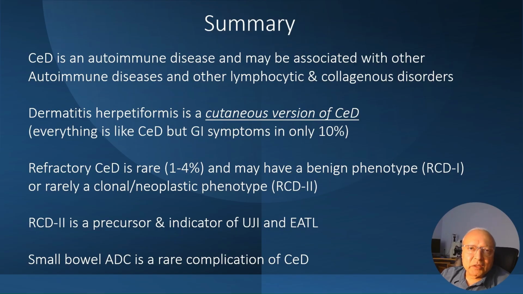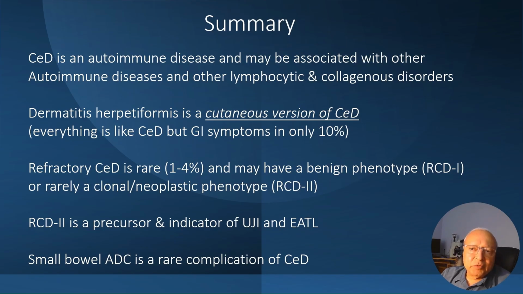Everything is like celiac disease, except the GI symptoms are seen in only 10% of patients. Refractory celiac disease is a rare complication seen only in 1 to 4% of celiac patients and may generally have a benign phenotype, and that's more common. It's called RCD type 1. Rarely there is a clonal or a neoplastic phenotype, and it's called RCD type 2.